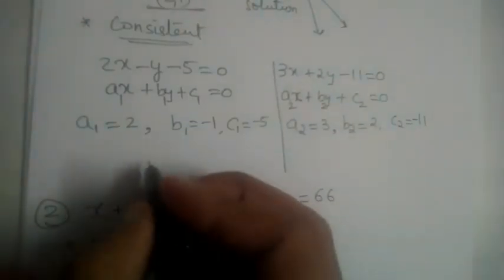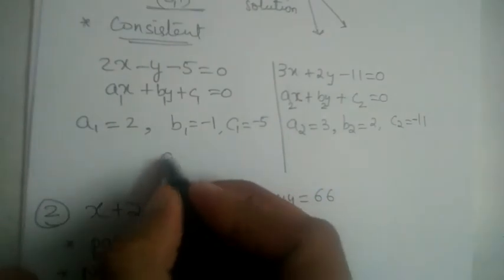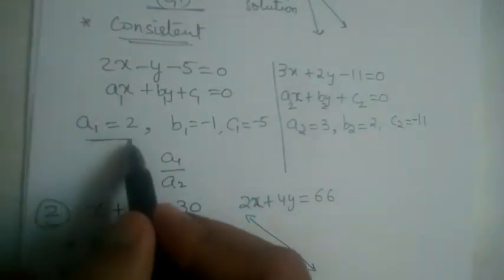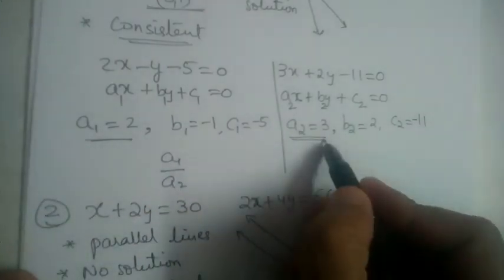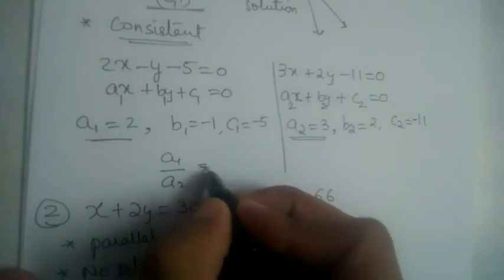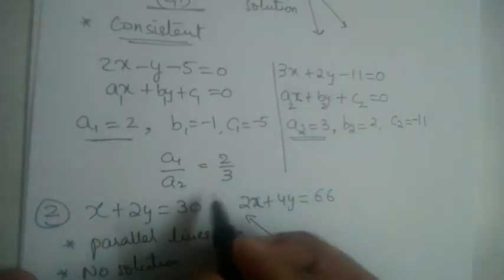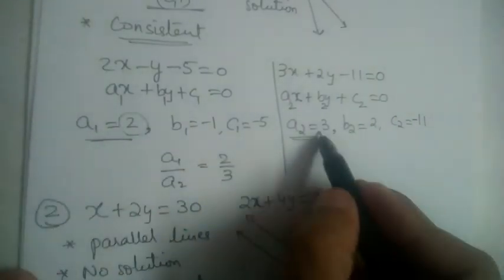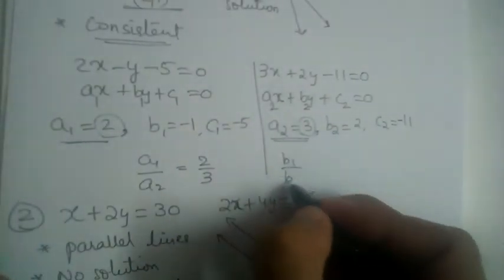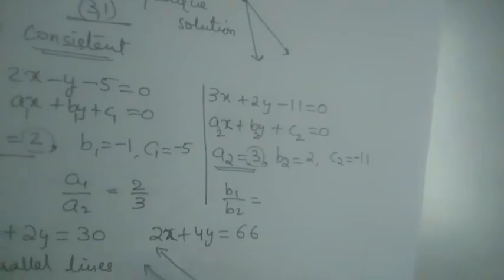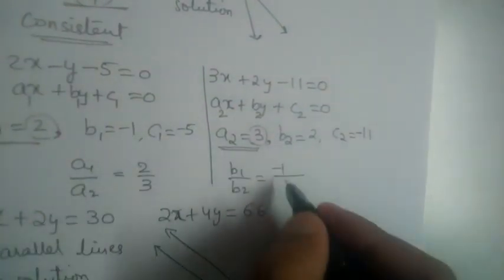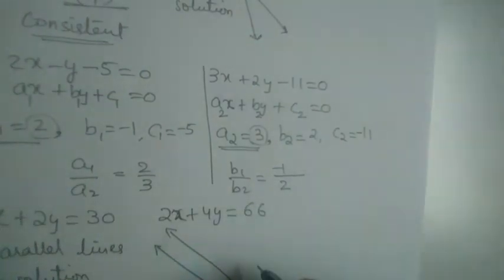Now let us see what will happen if we divide this. a1 divided by a2, coefficient of x here, coefficient of x here. Let us divide. So we'll have 2 divided by 3. Okay. Let us find b1 by b2. What is b1? Minus 1 divided by what is b2? 2. So it is minus 1 by 2.